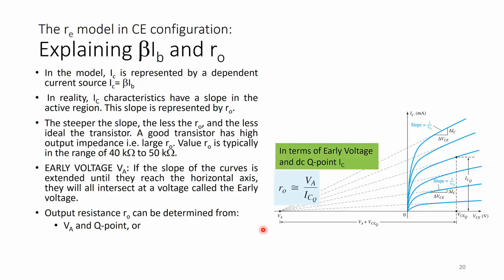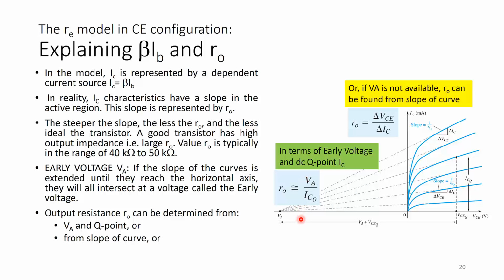One is from the early voltage, using the value of the collector current quiescent point, Q point. Rout is going to be delta Y over delta X, which is ICQ divided by VA plus VCEQ, and then the inverse of it, because resistance from Ohm's law is V over I.